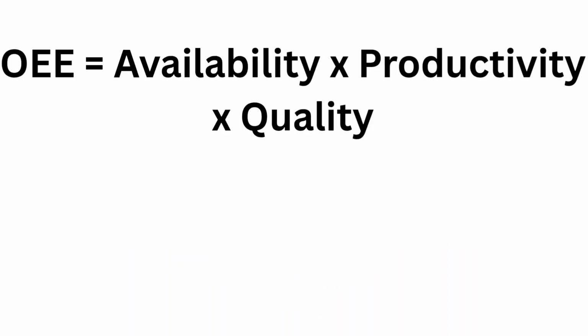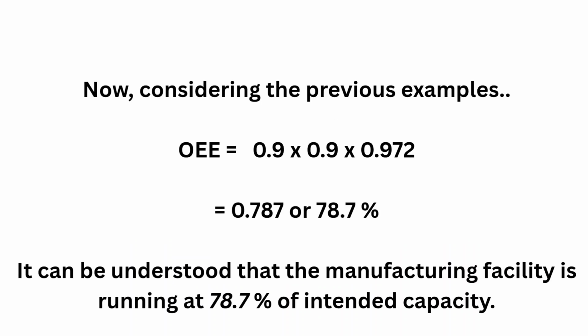Now that we have understood the availability, productivity, and quality calculations, we can calculate OEE with the formula we have. Let's calculate for the example that we considered. We had availability of 0.9, that is 90%, productivity of 0.9, again 90%, and machine quality of 97.2% or 0.972.